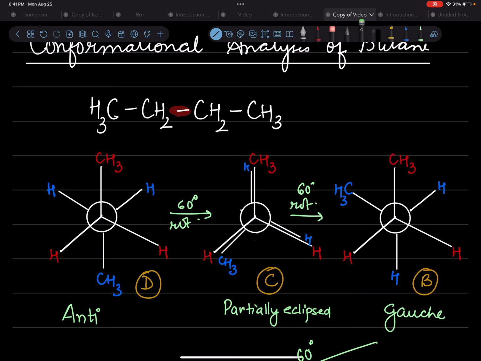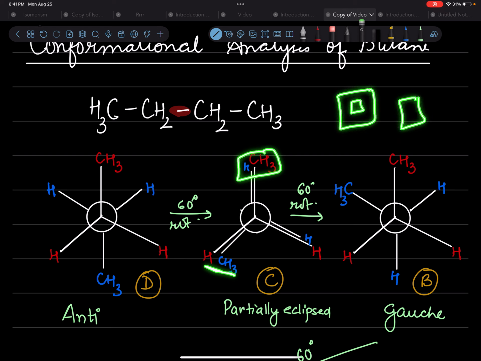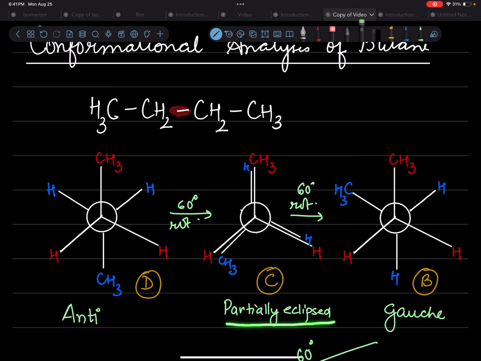This conformation is an eclipsed type of conformation, but it is not fully eclipsed. Why? Because hydrogen is eclipsing CH3 or CH3 is eclipsing hydrogen. So it is like a small thing is eclipsing a big thing, or a big thing is in the front and a small one at the back. So it is a partially eclipsed type of conformation, right? So we have anti, we have partially eclipsed.